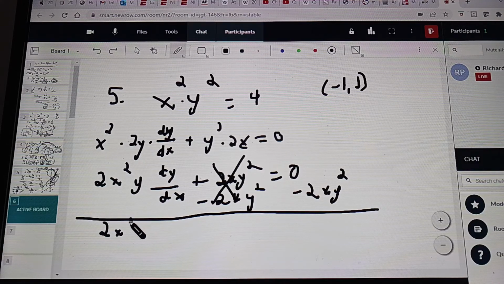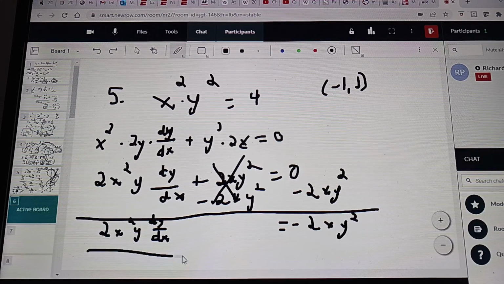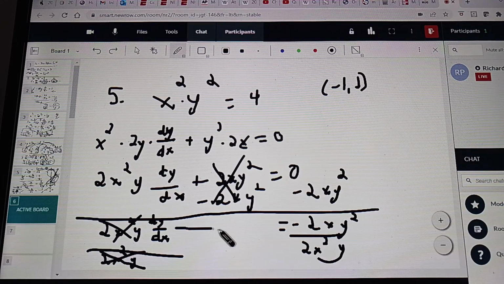Two x squared y dy over dx, oops, I didn't write the y, equals -2xy squared. Divide by this stuff here, 2x squared y. There it is. dy over dx equals this fraction.